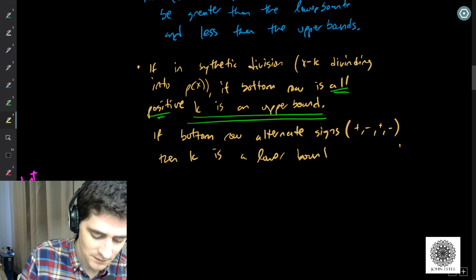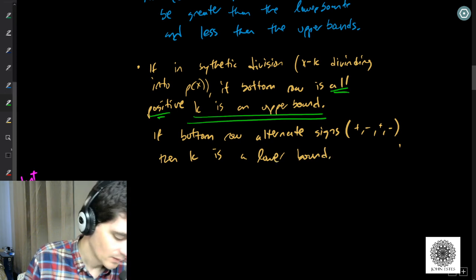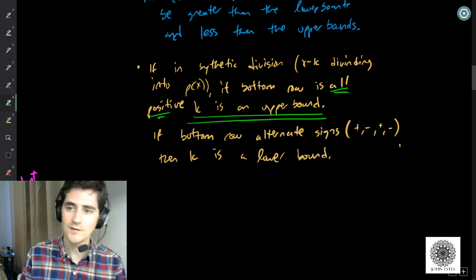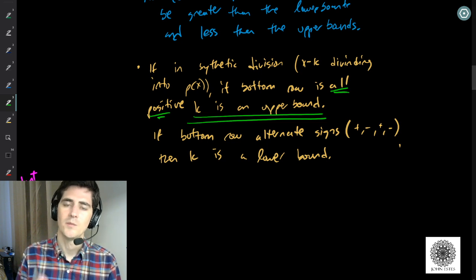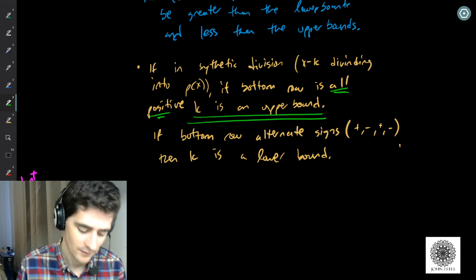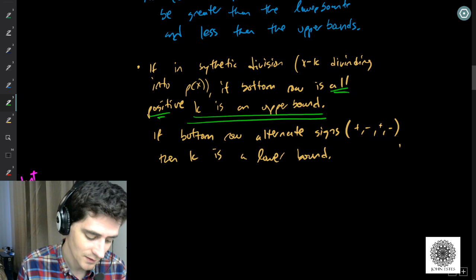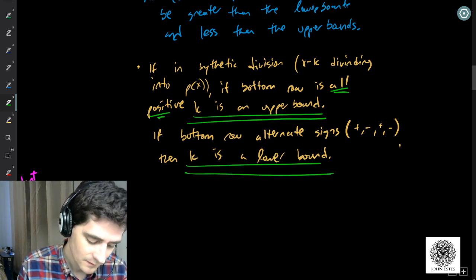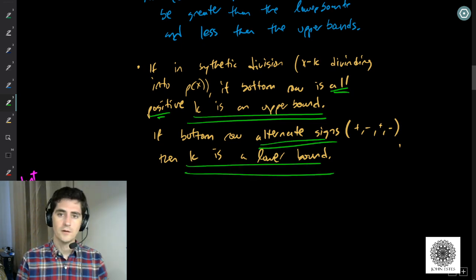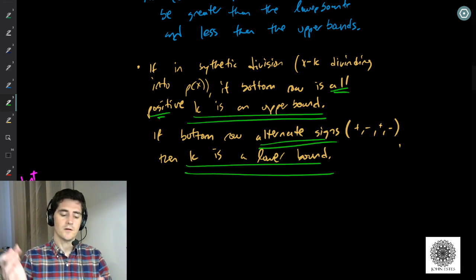So synthetic division helps us find our zeros, but not only that: if we get something that's all positive, we know we don't have any zeros higher than that value. And likewise, if we get positive, negative, something like that, then we have found a lower bound. We know that all of our zeros are larger than that number.